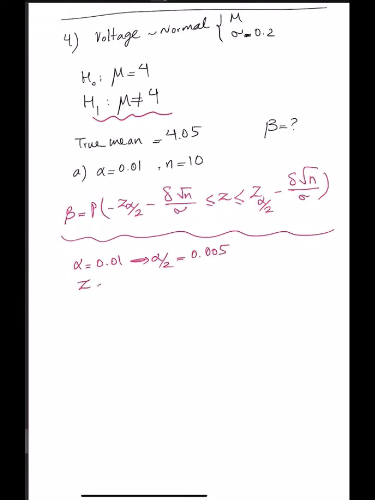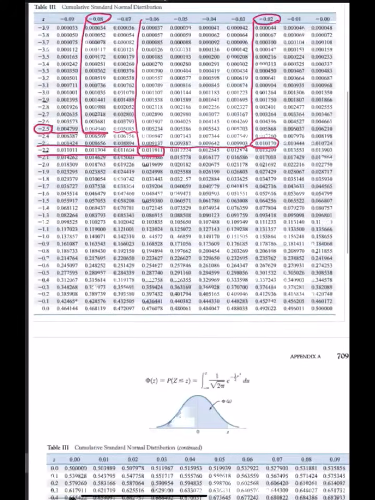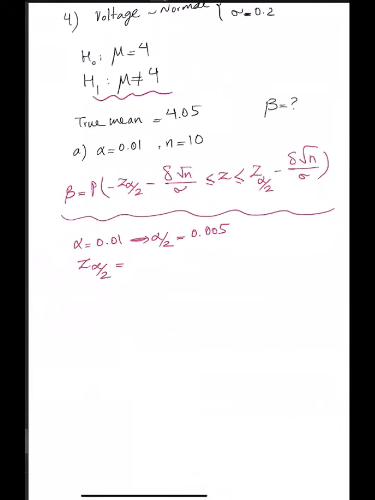So z of alpha over 2 equals, and we can go to the table and find 0.005. This is the value that we have found before. So that's 2.58. So z of alpha over 2 is 2.58.